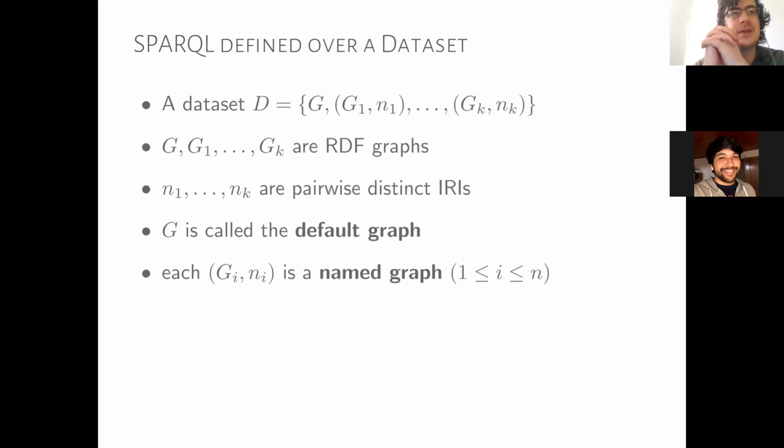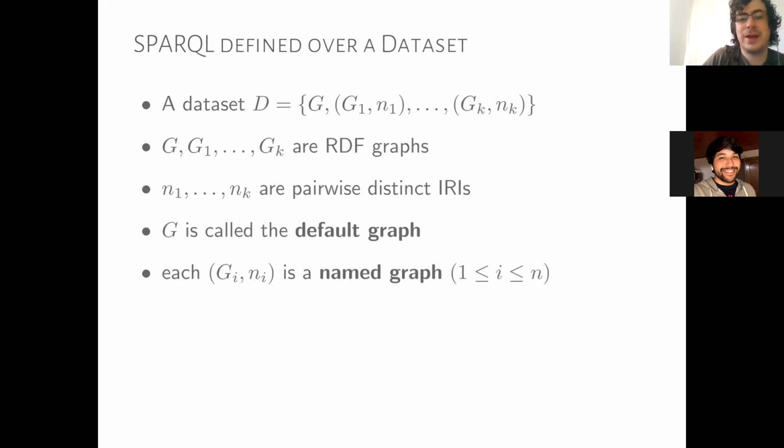We can have different RDF graphs in our SPARQL engine, and we name each graph. So we might have 5 graphs and we give each of those a different name. That allows us to query over specific graphs when we want to. The other thing is that we can have a graph without any name, which is sort of like the default graph, the graph that we'll query or do inserts to if we don't provide any name.